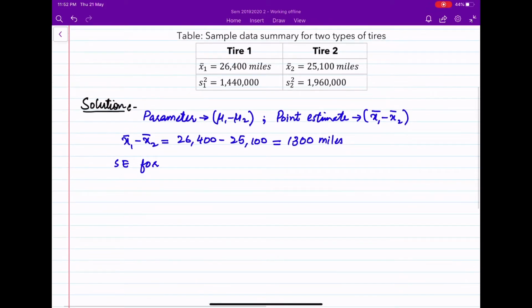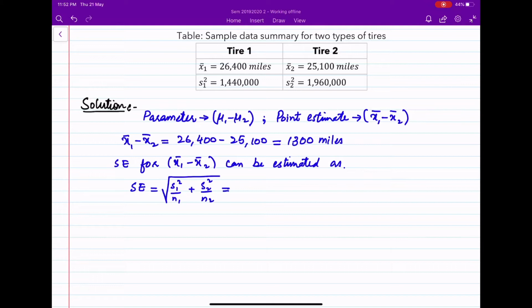Now the standard error for this difference of sample means can be estimated as follows. We know the formula: the square root of s1 squared over n1 plus s2 squared over n2.